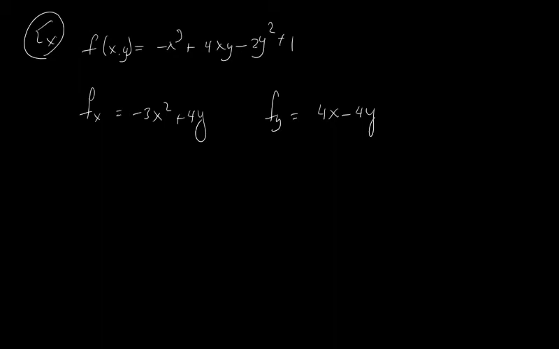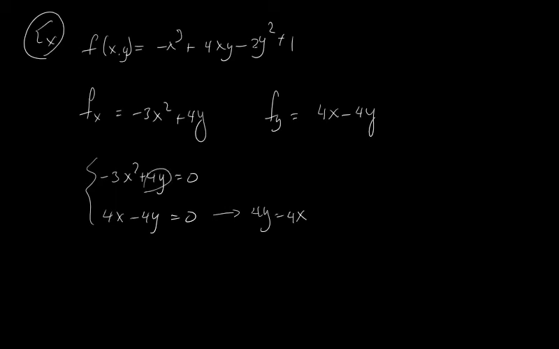We need to find any critical points. Both of these are polynomials, so there are no x, y points for which one of these does not exist, so no critical points come that way. So we only have a critical point if negative 3x squared plus 4y is equal to 0 and 4x minus 4y is equal to 0. Let's solve that system. So 4y is equal to 4x, which gives me a very nice substitution.